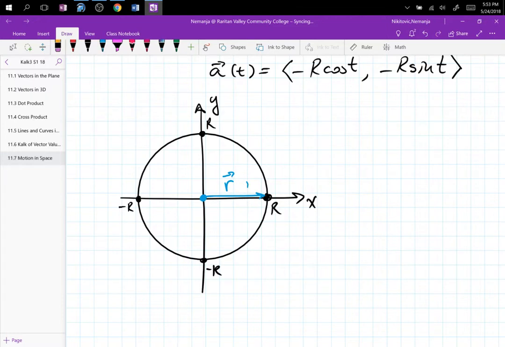This particular one is r of 0. Right? And then you have r of pi over 2. And r of pi. And r of 3 pi over 2.